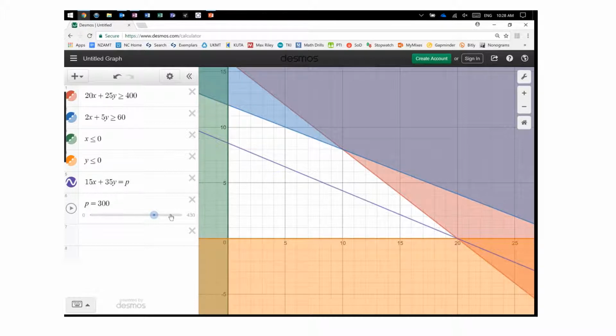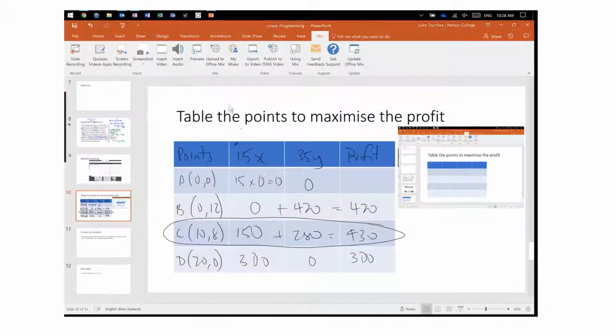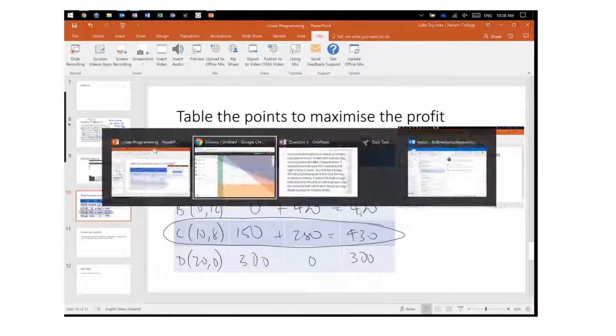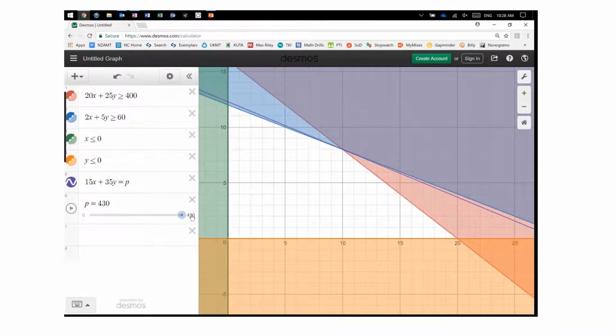If I go over to 1 point less, what would the p-value be just there? $420, which matches up with this 420 here. So the profit is maximized at $430 because that's the last point that my graph goes through.